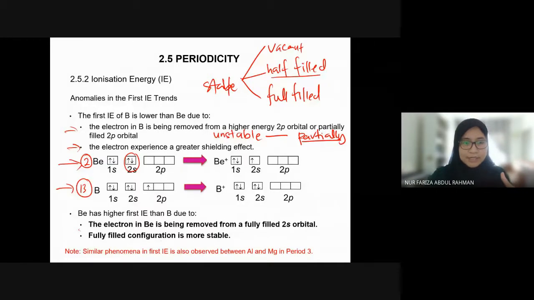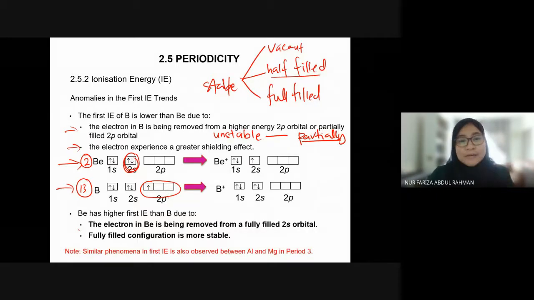As you can see, the beryllium atom has a full filled orbital, which is stable. This is stable. This is unstable, guys. So boron at the beginning, as a neutral atom, has an unstable orbital. Therefore, if it is unstable, you want to remove an electron from an unstable orbital. Is it easy or difficult? Easy, of course.